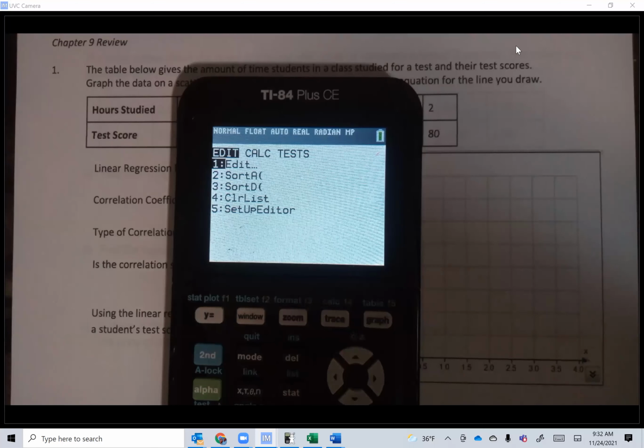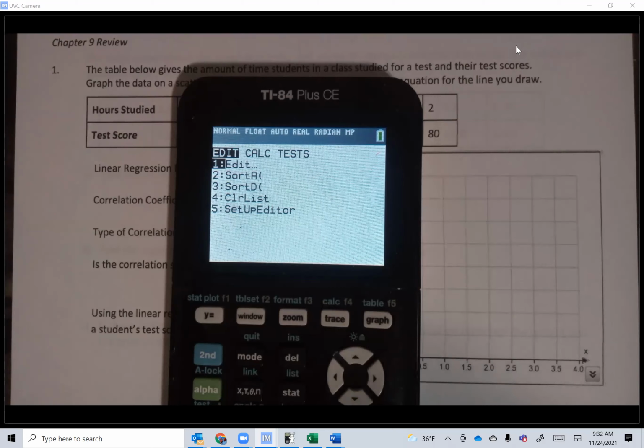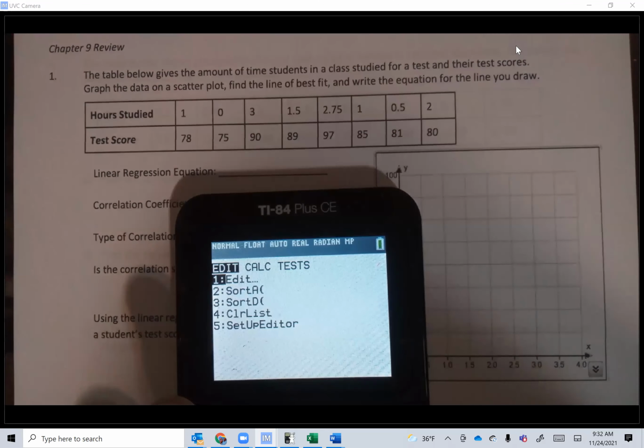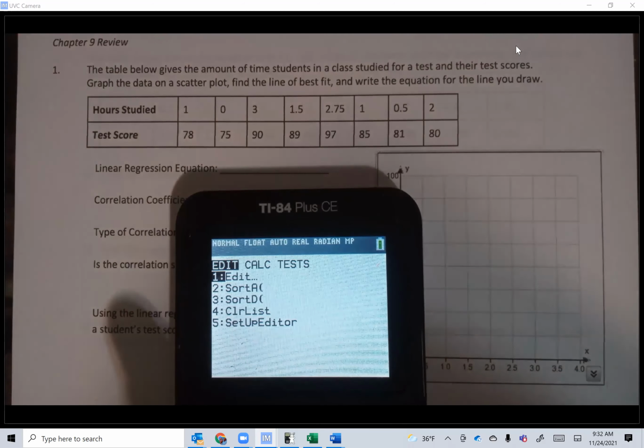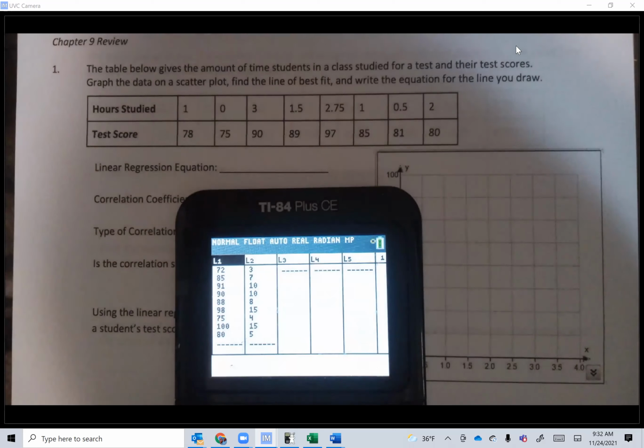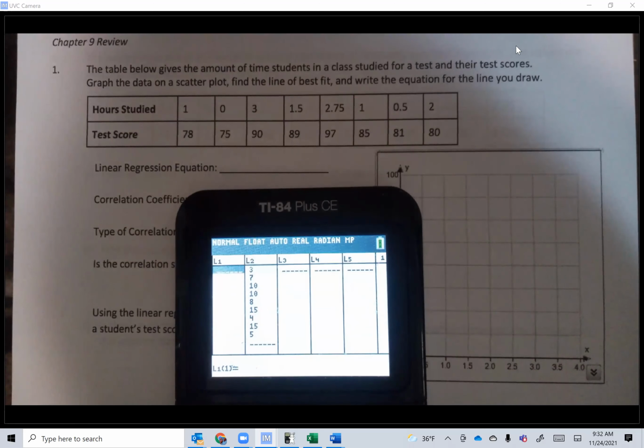The first thing that you have to do is to enter the data that you have in L1 and L2. So we go to Stat, Edit. And now L1.